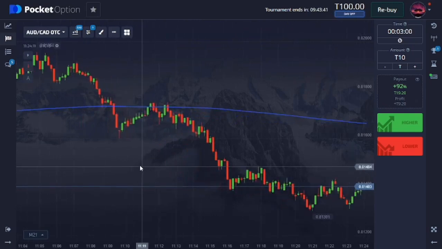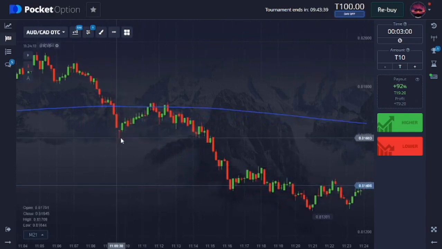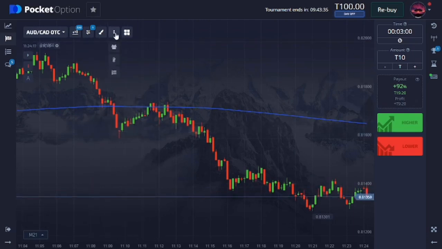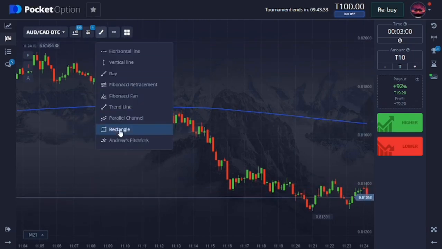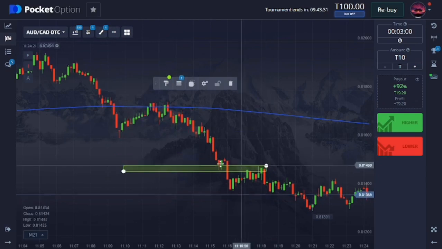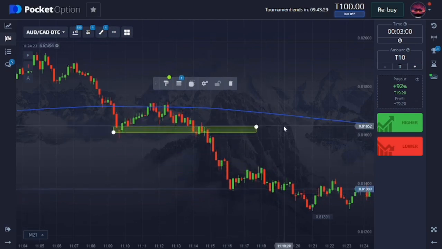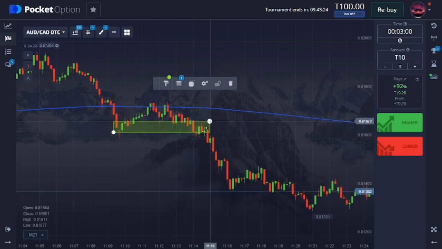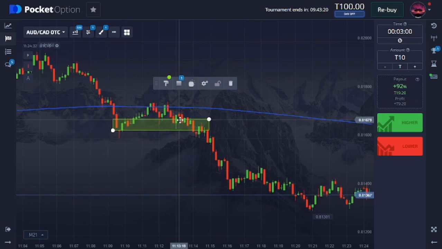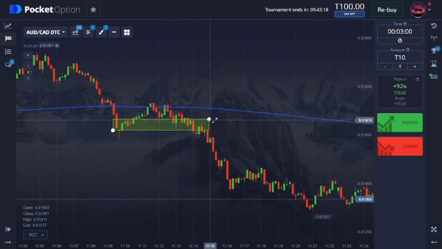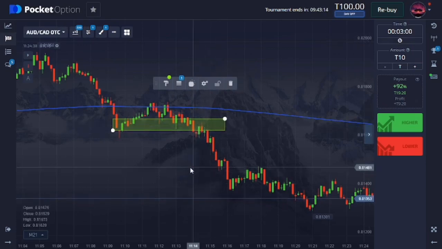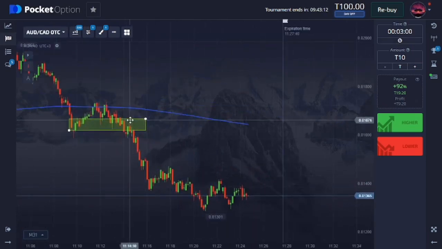Another thing is you can use these swing lows as a break and retest. You can put a rectangle right here. The rectangle will show you when the price comes down, breaks this place and retests it, you will be entering. Just like here for 3 minutes it would have been a good trade, as you can see.